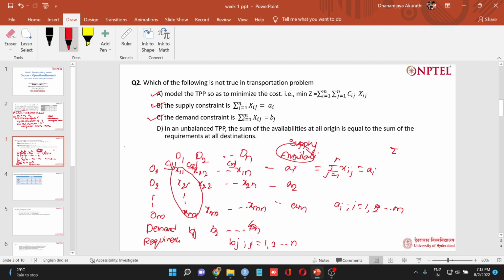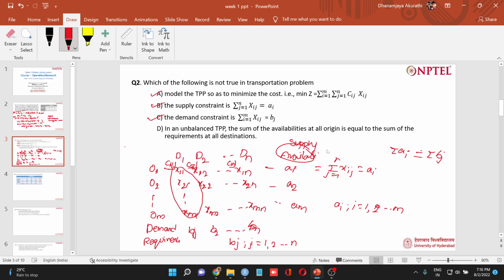Now, in an unbalanced transportation problem, the option says the sum of availabilities at all origins is equal to the sum of requirements at all destinations. Actually, it is in a balanced transportation problem that the sum of availabilities at all origins is equal to the sum of requirements.